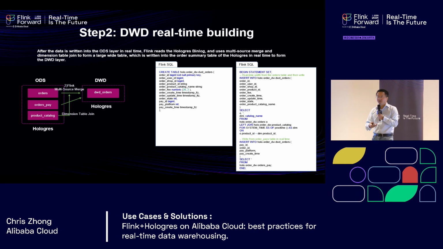So before, we know that we have several scenarios. We want to do multiple stream join. We have a lot of upstream tables, and when we want to achieve multiple stream join, it's usually complex. We need to join a lot of tables. But by leveraging Hologres partial update, we can separate this multiple stream join into two SQL scripts. Two snippets.